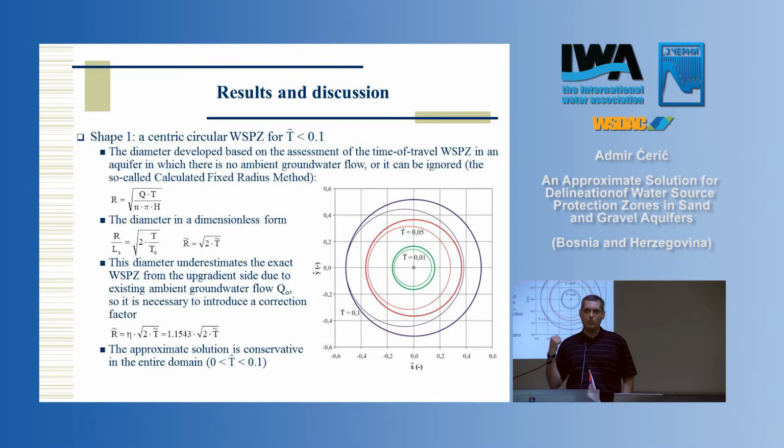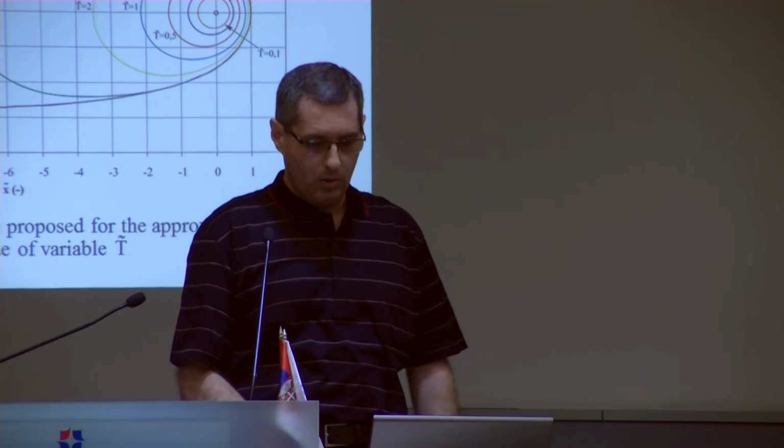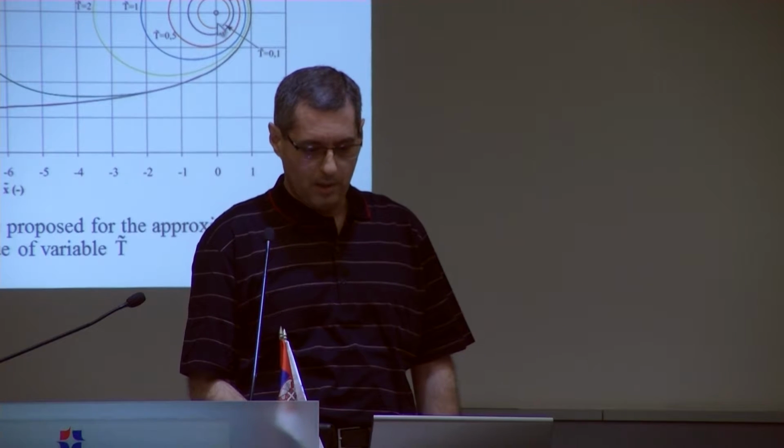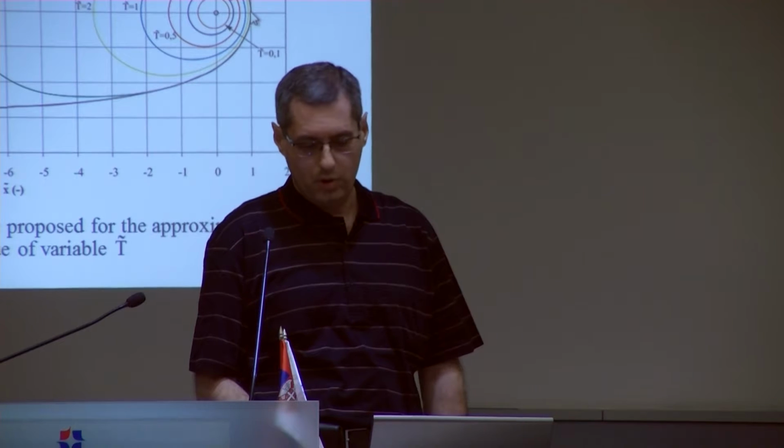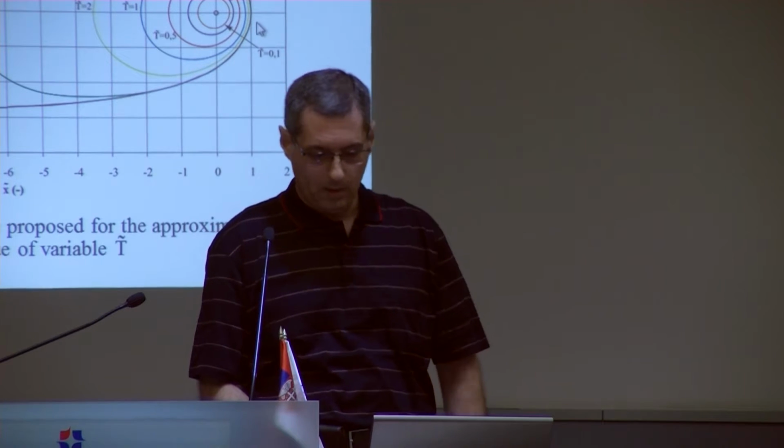Then the equation is normalized, dividing it by this distance from the well to the stagnation point of the well. But looking at the cursor, this distance Ls is the distance from the well to the stagnation point of the well, which is in dimensionless form always 1.